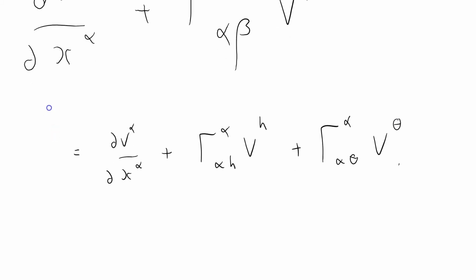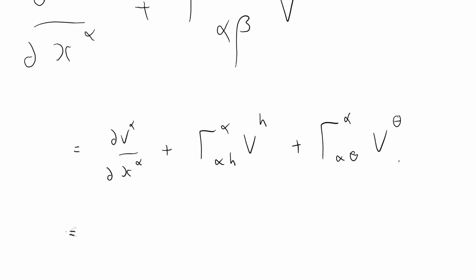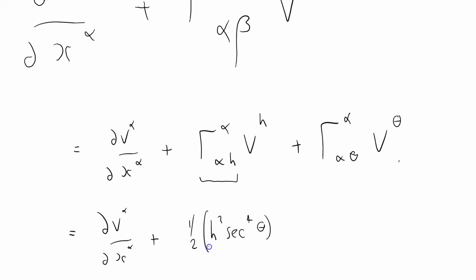Okay? And then I can rewrite this, because you see how I'm expanding it over this argument here, but not that one. I'm just leaving that one as an alpha. Yeah? So these are both summed over alpha. So it's ∂v^α/∂x^α plus, no, I've forgotten the half, g to the minus 1. I'll write it out in full.